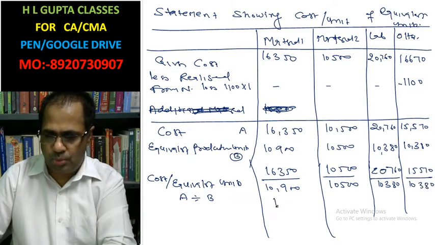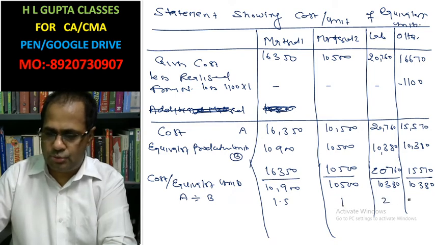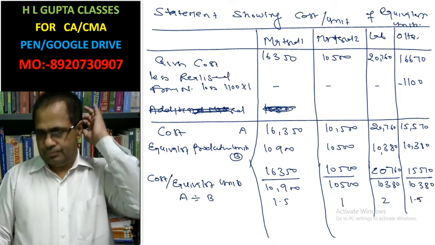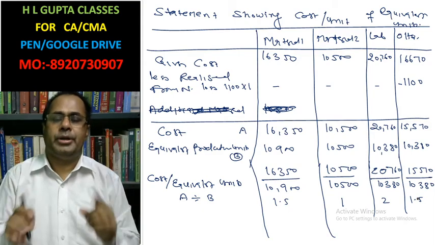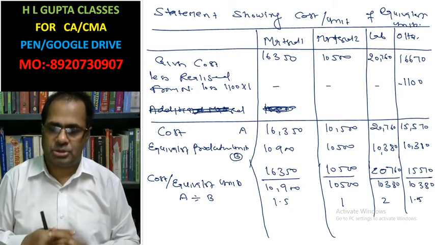This is your 1.5, this is your 1, this is 2, this is 1.5. We have calculated cost per equivalent production unit.